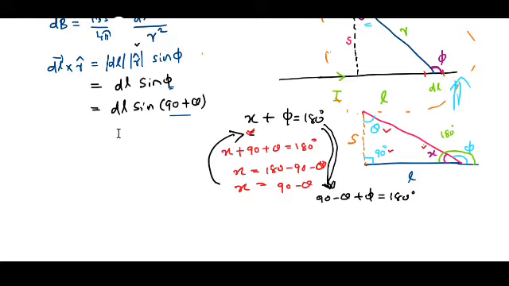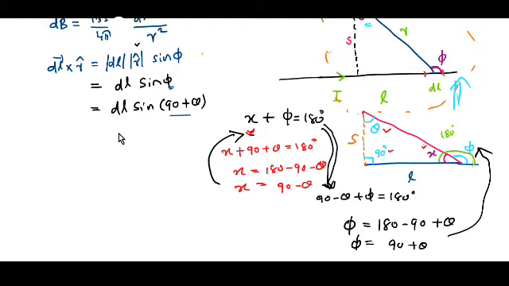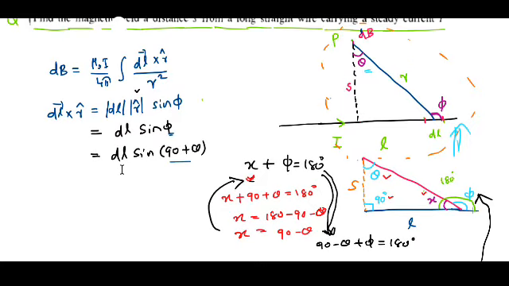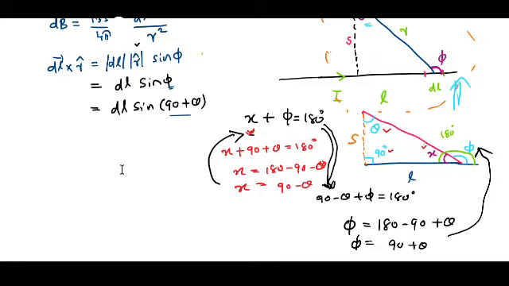Then the angle phi is equal to 180 minus 90 plus theta. That is, this phi is 90 plus theta. This is our angle phi. Now you see here, this angle is 90 plus theta.